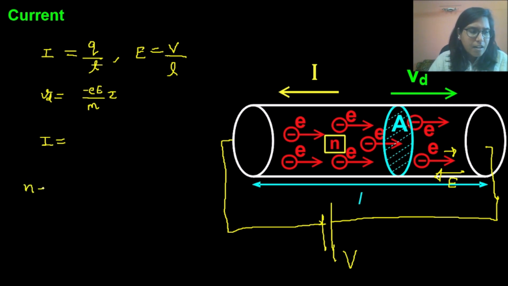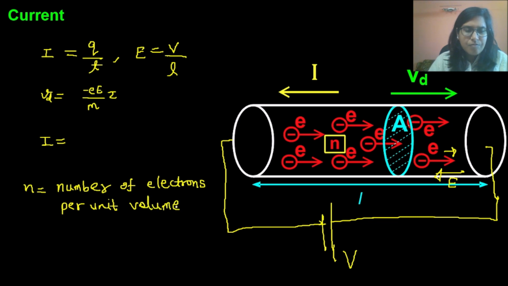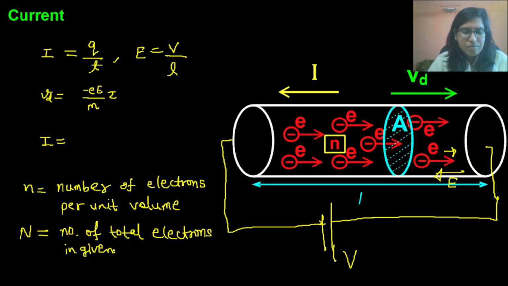Now if n is the number of electrons per unit volume, then we can write the number of electrons in this cross section, and that will be capital N. N equals n into the volume of this cross section, that will be area of the cross section into this length.